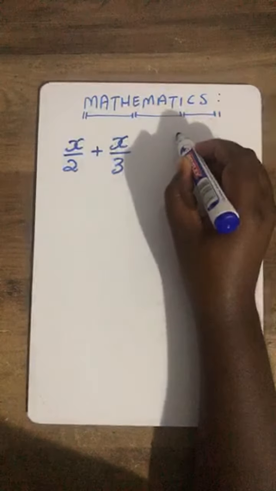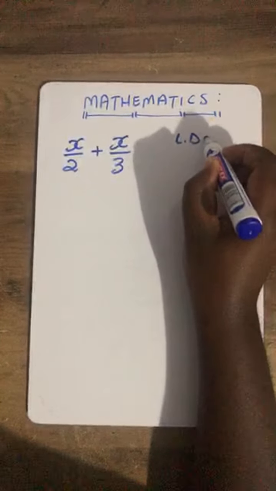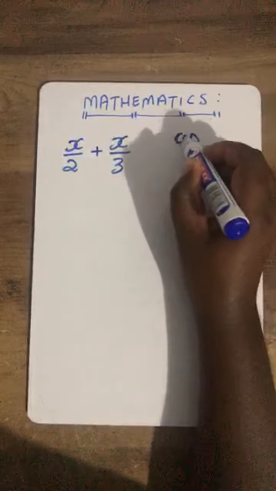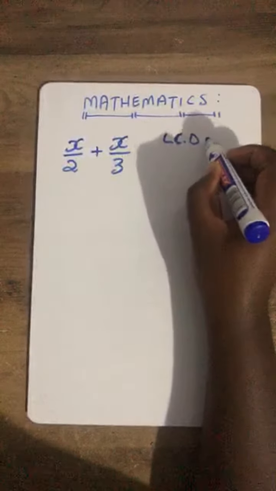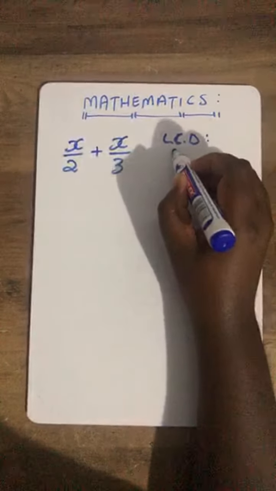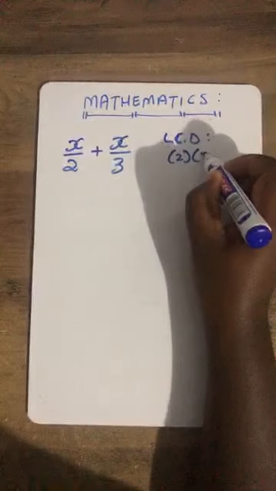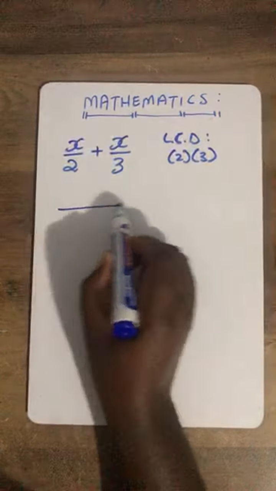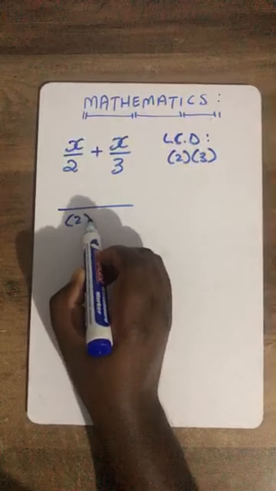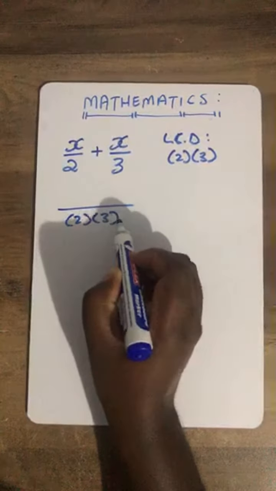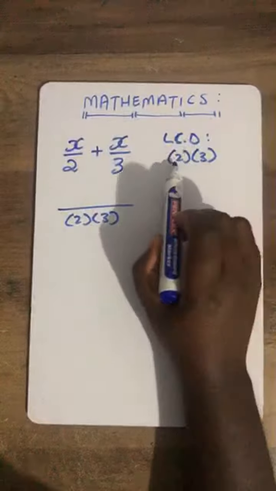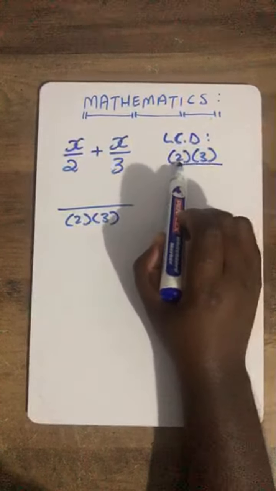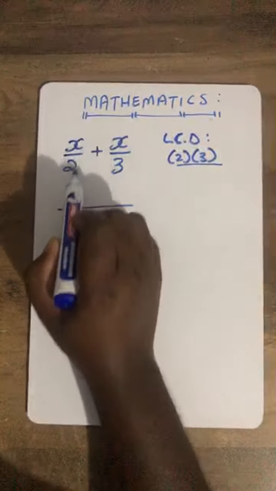So Moano, when it comes to LCD, take that 2 and that 3, it is your LCD. So that means you are going to say your 2 multiplying by 3 is your LCD. Then you're going to take this LCD, you multiply it by that fraction.